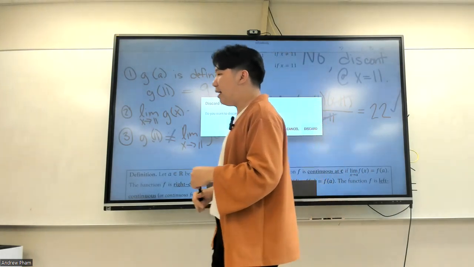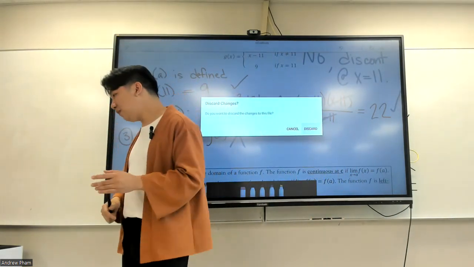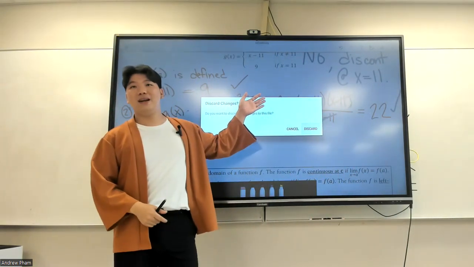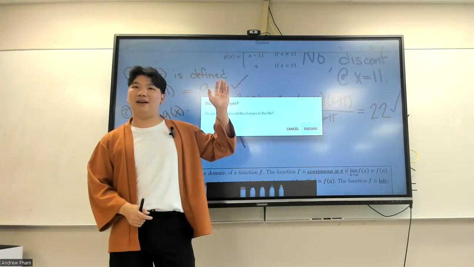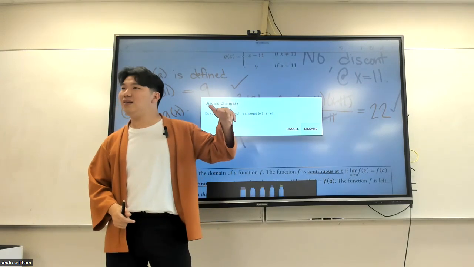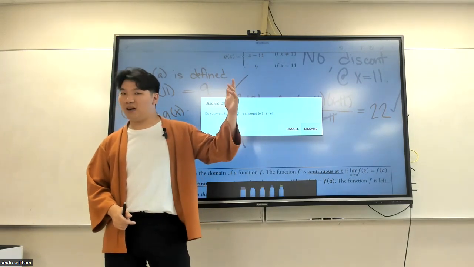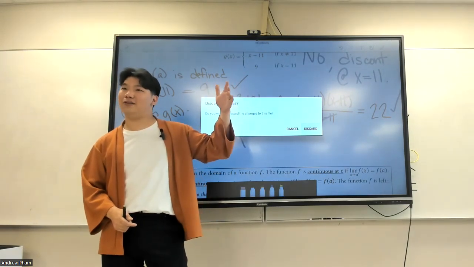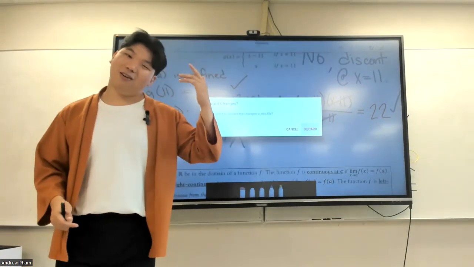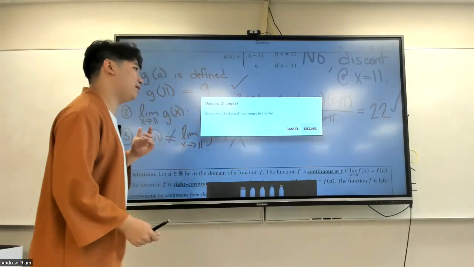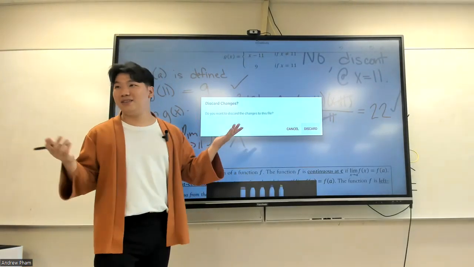Can anyone guess what we're going to do? Before, we used the two-handed limit, and that was for continuity. If I use the left-handed limit, that's going to be what we call left continuity, or left-handed continuity. What do you think it's going to be called if we use the right-hand limit? Yeah, right-handed continuity.